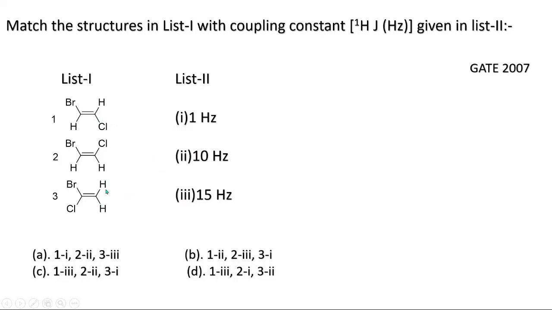And for the geminal hydrogen we have 1 to 2 Hz, they have mentioned 1 Hz. So if you see the answer, that is 1 for 3, 2 for 2 and 3 for 1. Option C will be the correct answer.